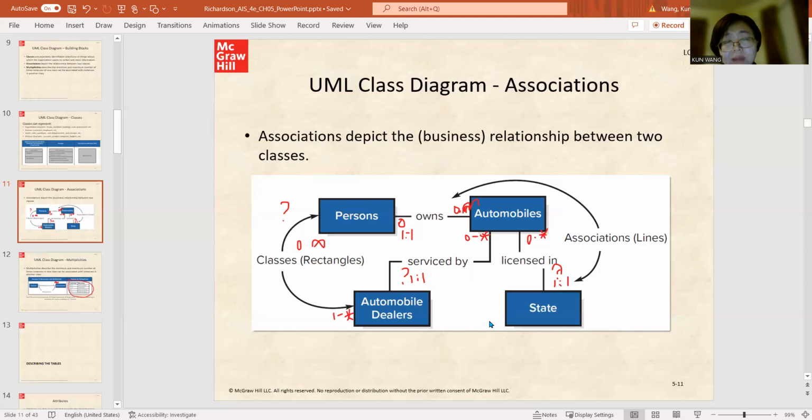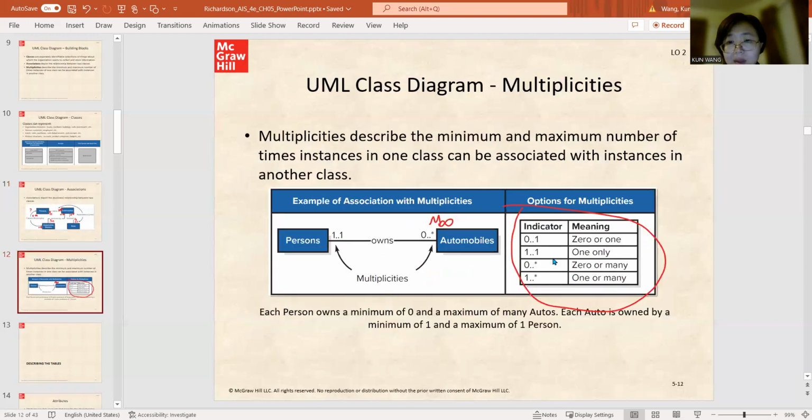Think about the business transactions, business data, because the multiplicities impact the way you design the tables. There is a case they call many-to-many, because on both sides we have unlimited. In that case, we need to put a middle table to break the many-to-many down into something simple.